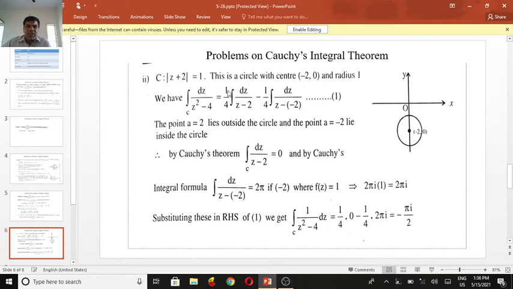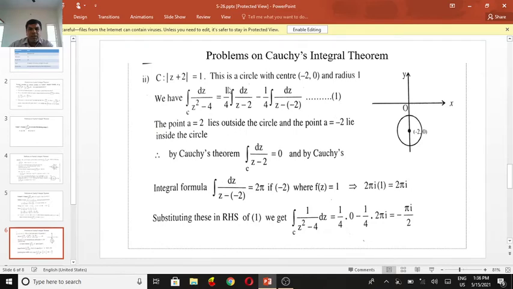We get the a value as 1 by 4 and the b value as minus 1 by 4. We substitute in the same way as in the previous problem. So substituting, 1 by 4 integral of dz divided by z minus 2 minus 1 by 4 integral of dz divided by z minus of minus 2.